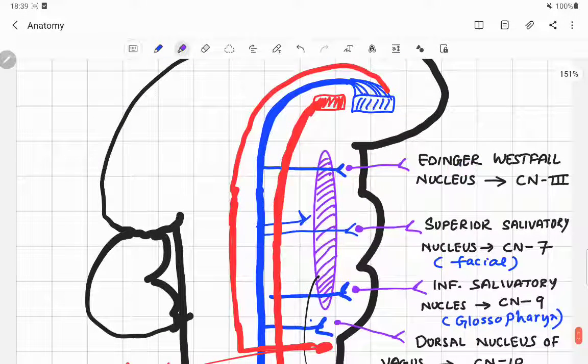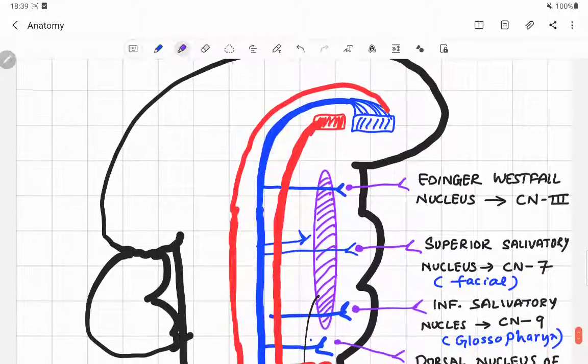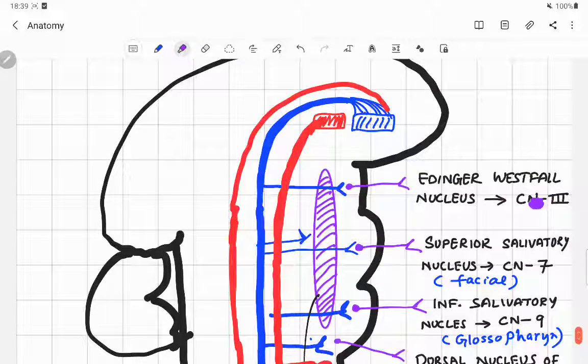There are separate nuclei, called the Edinger-Westphal nucleus, which forms the connection between the tract of neurons coming from the anterior hypothalamic nucleus and cranial nerve 3. So the nucleus which forms the connection between cranial nerve 3 and the tract coming from the anterior hypothalamic nucleus is called the Edinger-Westphal nucleus.